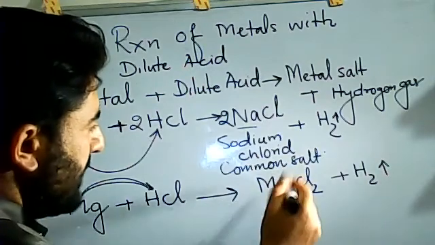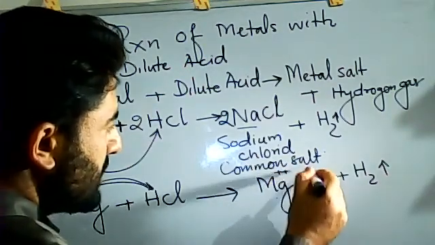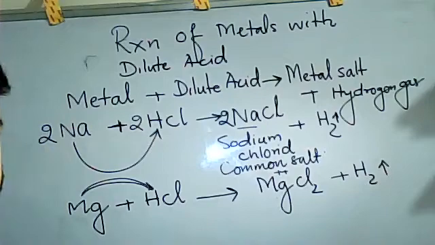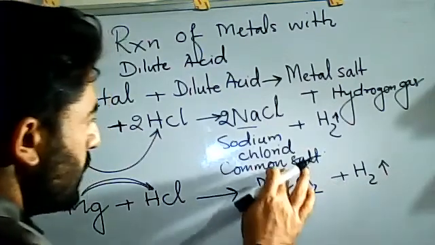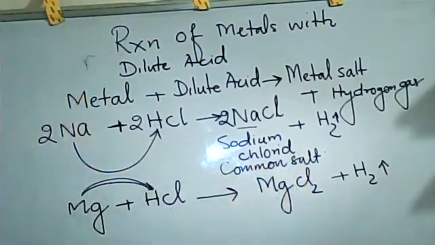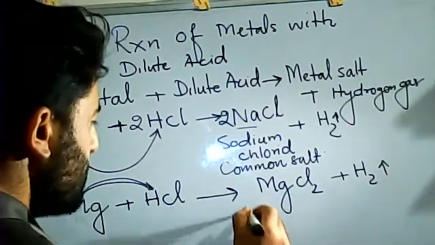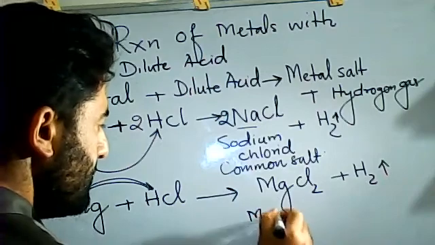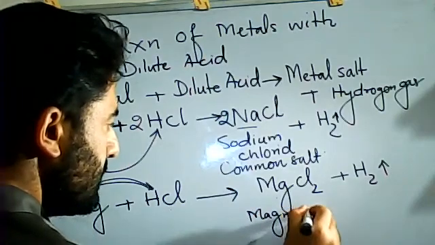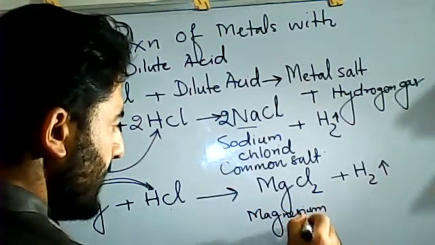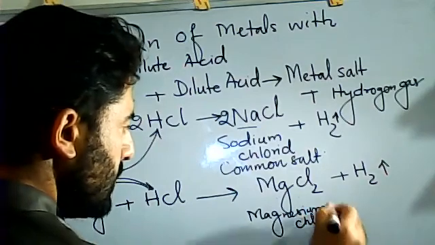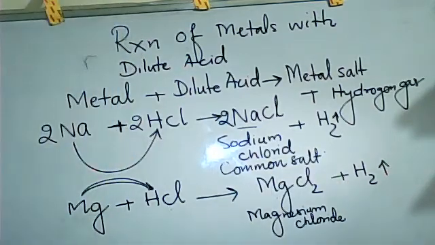This is because magnesium is double valent and requires two atoms of chlorine to accept those two electrons. Okay, so the salt formed is MgCl2. What is this? This is magnesium chloride. Okay, dear, this is magnesium chloride. So this gas formed is hydrogen gas.